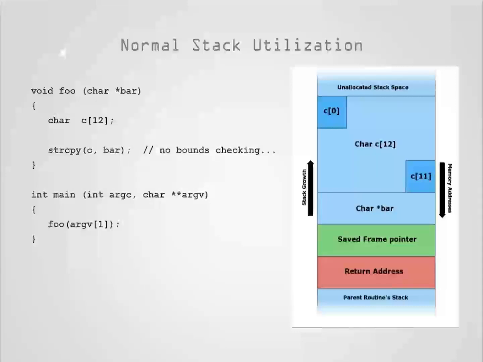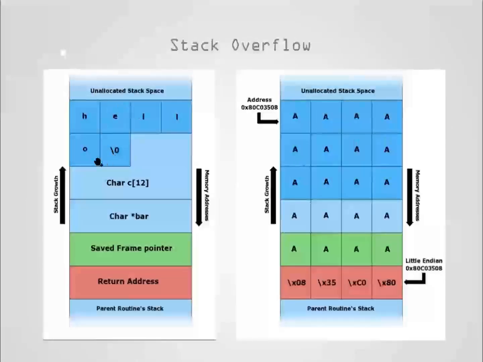Now, as long as you enter a string that does not exceed 12 characters, you're fine, because you have a buffer here that can hold 12, and you've only entered, in this case, 6. However, if you enter more than 12 characters, in this case 20, then once you fill this buffer up, data keeps writing beyond that buffer to the next one, which is this, and then the next one, which is this.